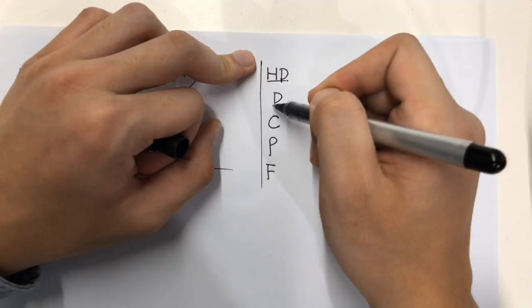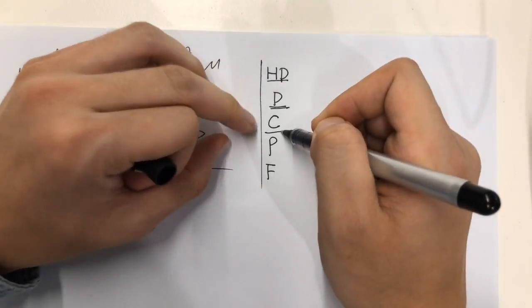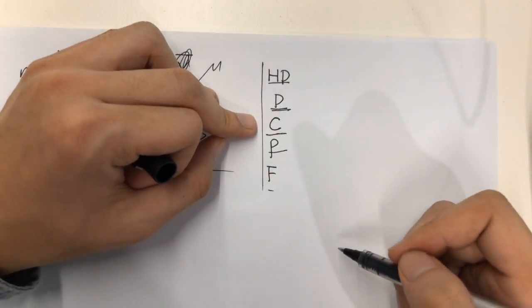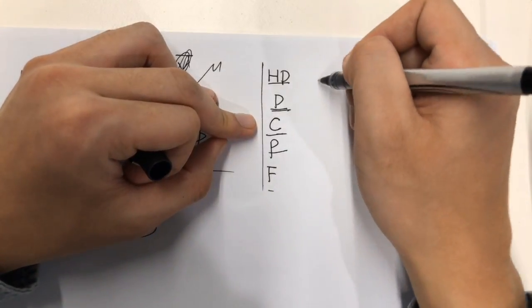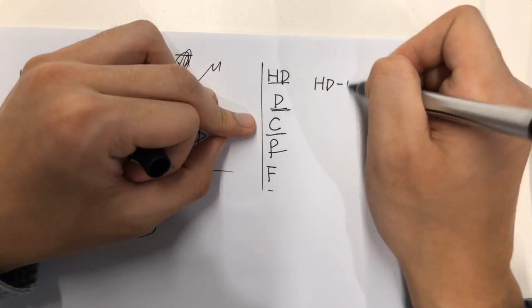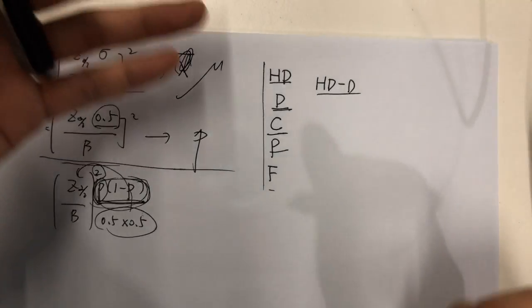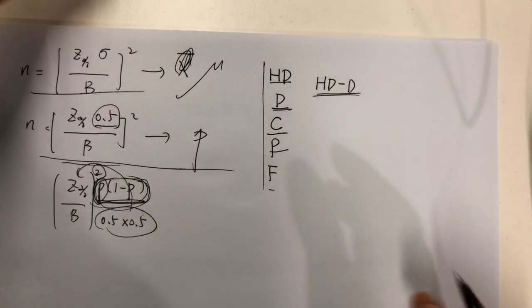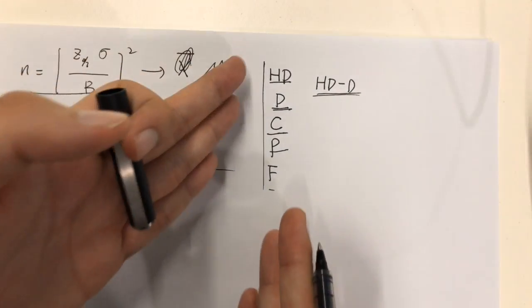We know HD is better than D. D is better than C. C is better than P. P is better than F, right? But it doesn't make sense to ask what HD minus D is. What is the difference between HD and D? It doesn't make any sense. So this is an ordinal scale.